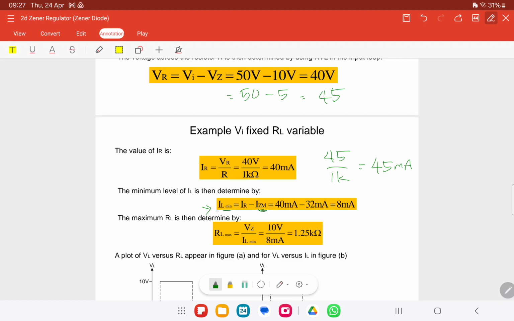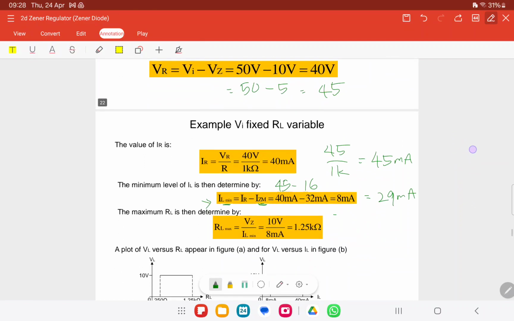So IL yang lalu dekat load resistor, dia akan jadi minimum lah. Sebab remember dekat Zener diode dia ada certain range yang boleh lalu. So if we assume it is maximum, so yang lalu dekat the other components will be minimum. So this one dia akan jadi 45 minus 16 kan? So you get berapa? 29 milli.